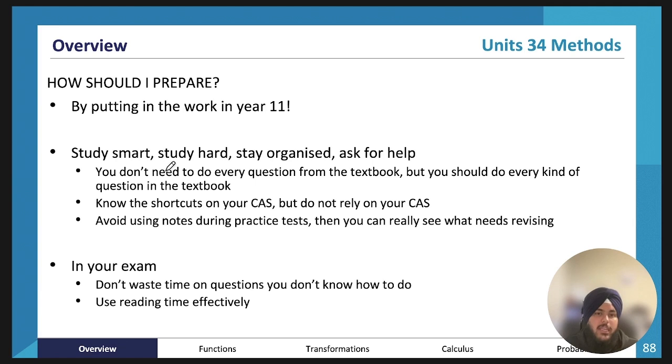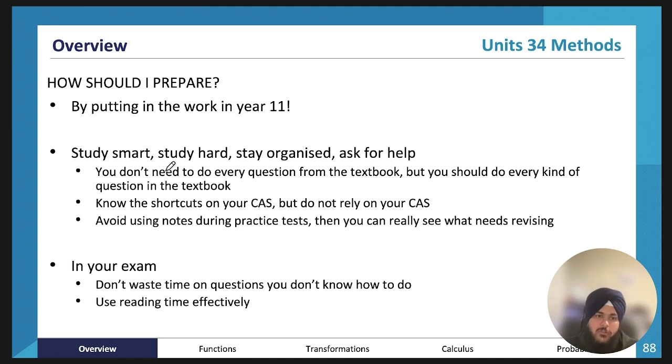Another question a lot of students will ask around this time is how should they start preparing for Unit 3 for methods? Well, you should start preparing for Unit 3 for methods by really being diligent with your year 11 content. Really understanding all the concepts, being able to apply them.